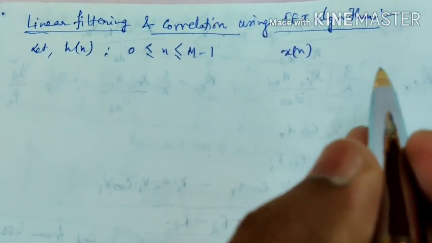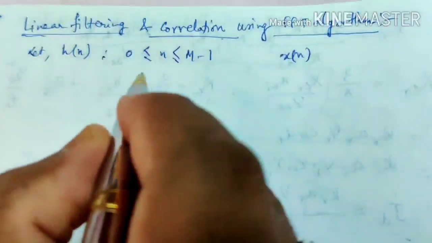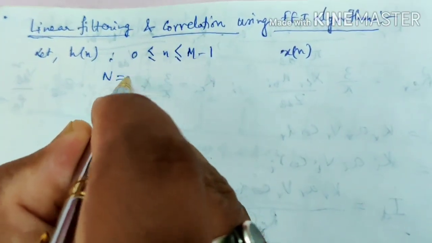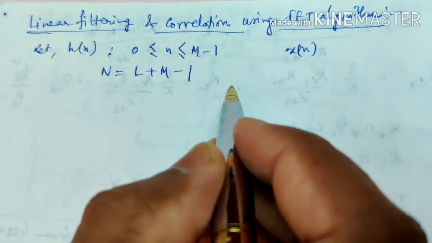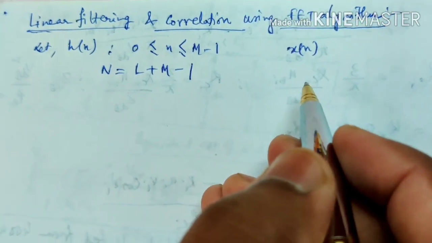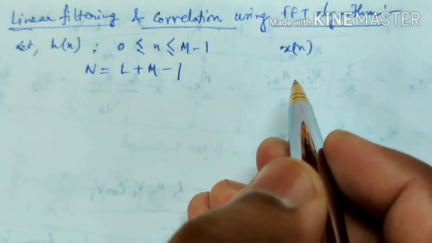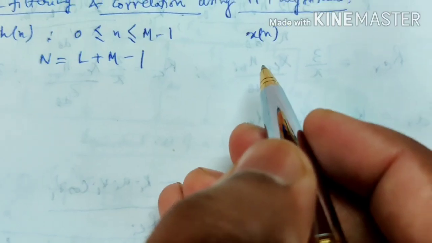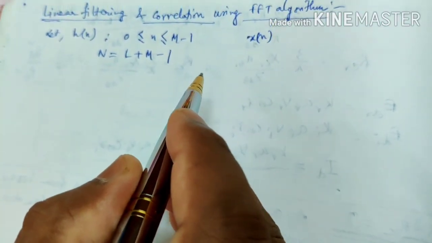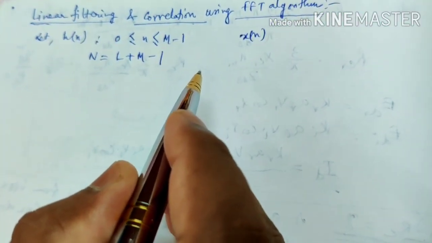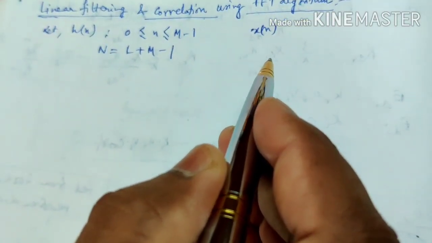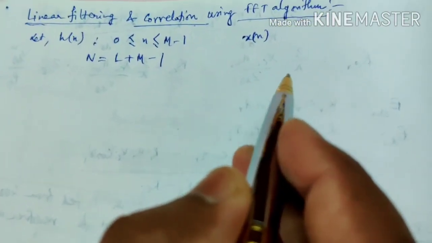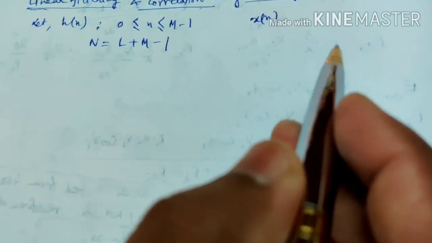The block size of the FFT algorithm, N, will be L plus M minus 1, where L is the number of new data samples being processed by the filter. Assume that for any given value of M, the number L of data samples is selected so that N is a power of 2.